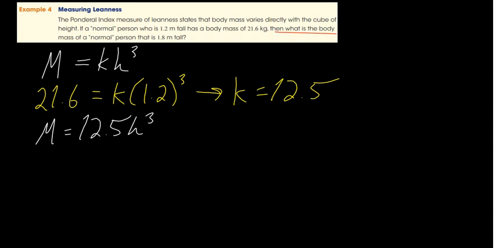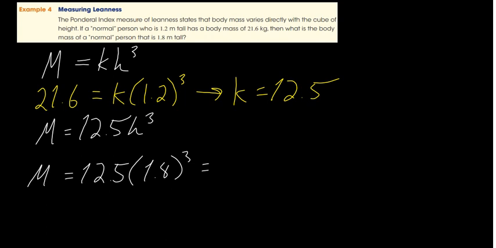Then what is the body mass of a normal person that is 1.8 meters tall? Okay, well we just have to figure out m. That's not going to be hard, because we're just going to say m is equal to 12.5, and then 1.8 meters tall, so 1.8 cubed.